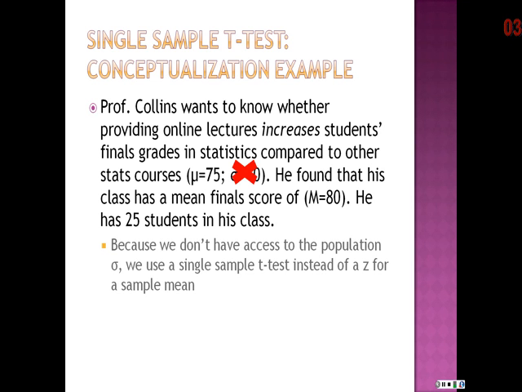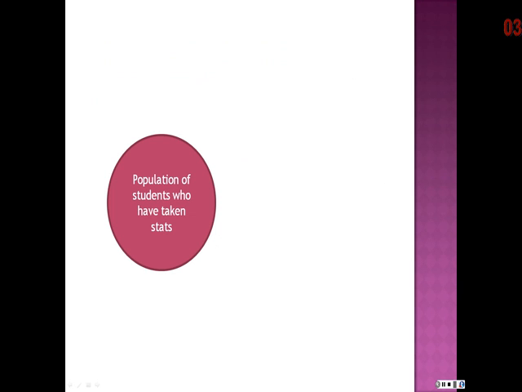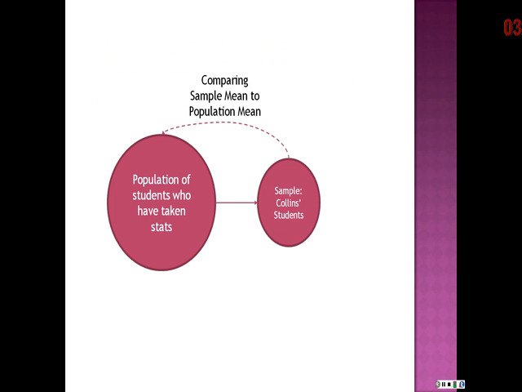However, I would use a single sample t-test in this situation when I didn't actually know the standard deviation for the population. So because we don't have access to that information, we'll use a single sample t-test instead of a z-score, or a z for a sample mean. So essentially what I'm doing is I'm taking the population of students who have taken statistics and taking a sample out of that, my students, and comparing my sample back to the population.